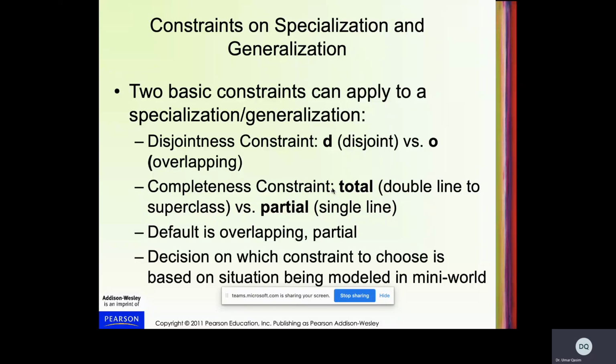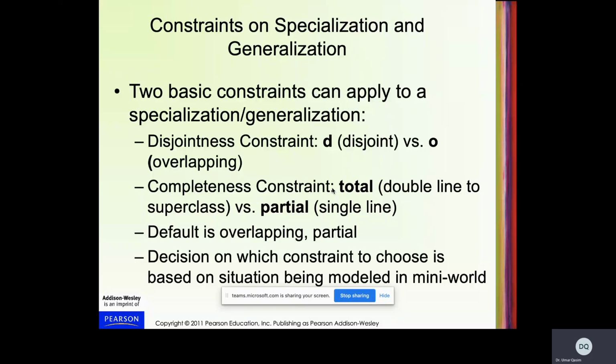Now this one is similar to what we looked at in relationships, where we had a partial or optional relation. There is a relationship between two entities, and the participation is either optional or total.